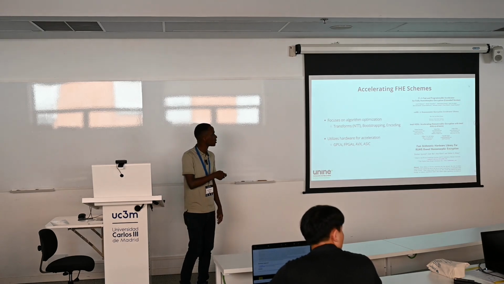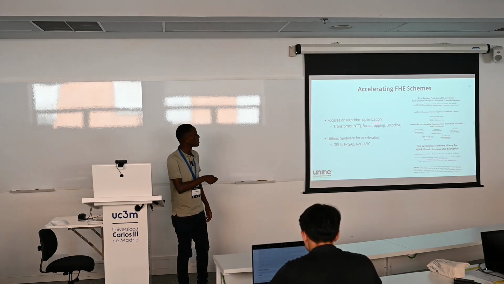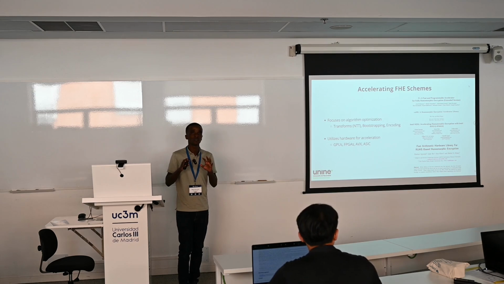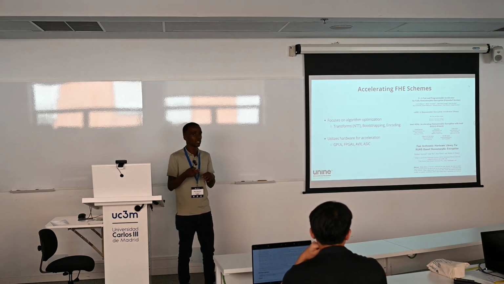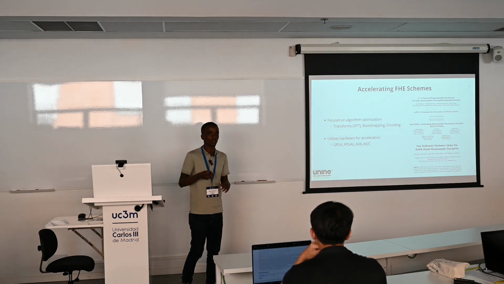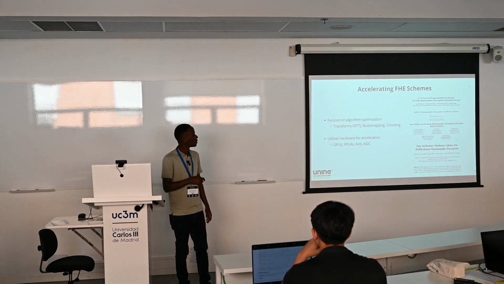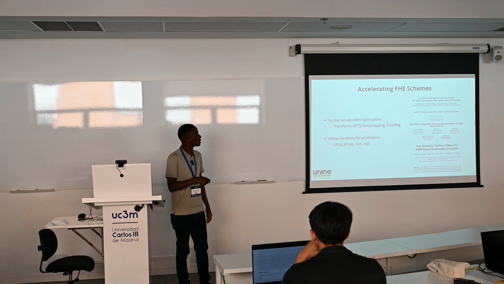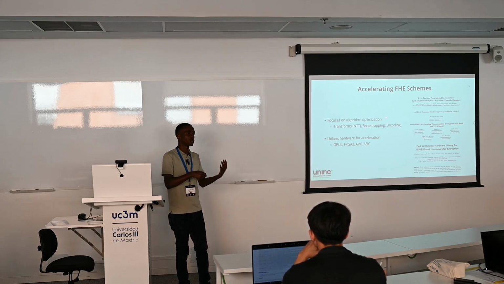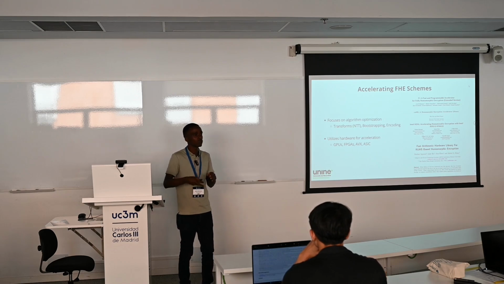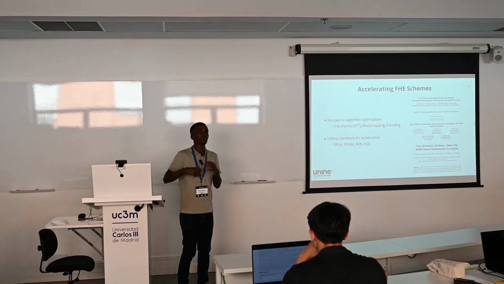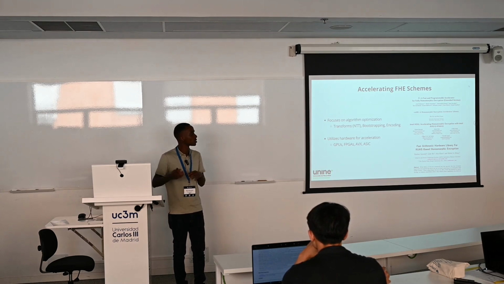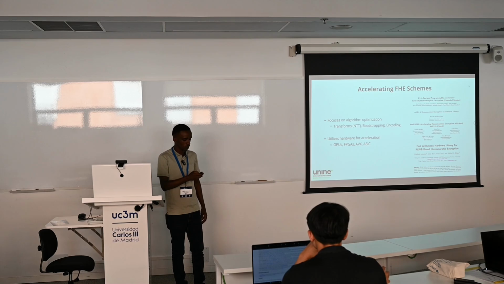The bootstrapping algorithm is used to manage the amount of noise you have, so that later you can retrieve your initial data and decrypt, because as you continue computing on the encrypted data, it reaches a certain level where you have so much noise that you cannot decrypt anymore.